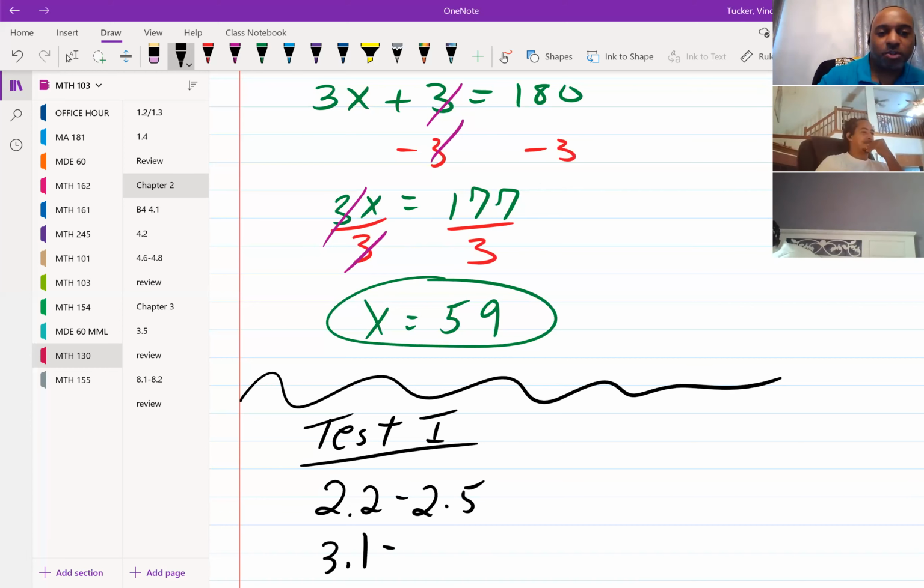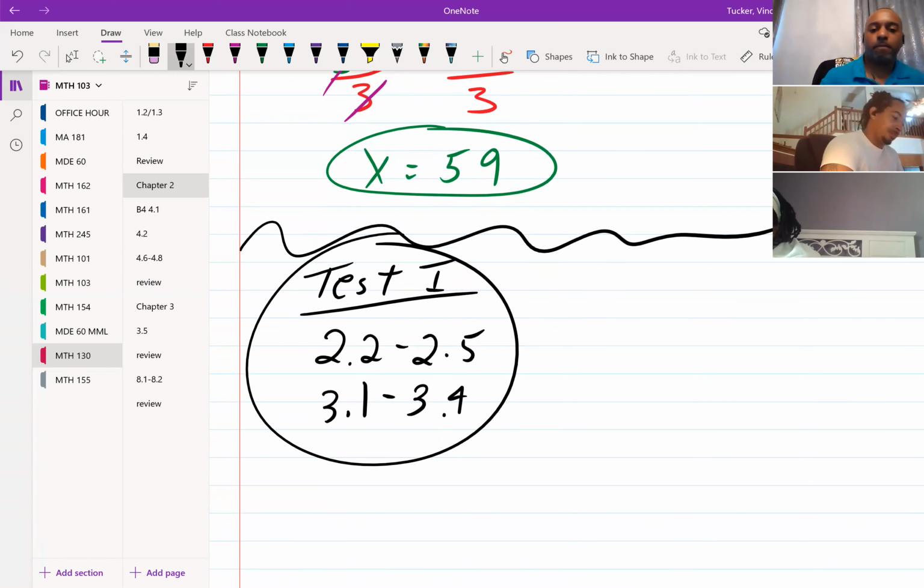No, I said you can take it on your own. So test 1 will have 2.2 through 2.5, 3.1 through 3.4 on it. Nope, hit the wrong button. There you go.